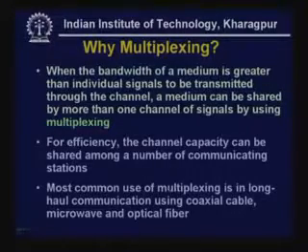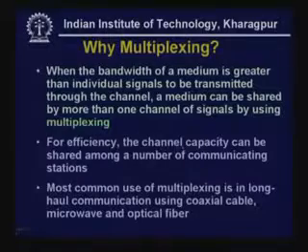How we shall explain. When the bandwidth of a medium is greater than that of the individual signals to be transmitted through a channel, a medium can be shared by more than one channel or signals by using multiplexing. Essentially, we are trying to share the channel capacity or bandwidth of a particular medium by several signals, by several users, and for efficiency, the channel capacity can be shared among a number of communicating stations.